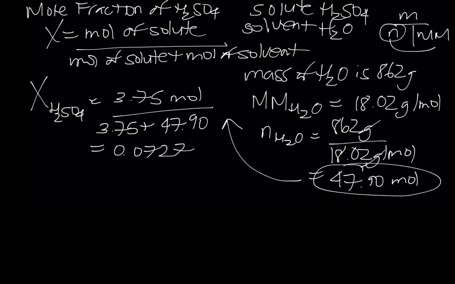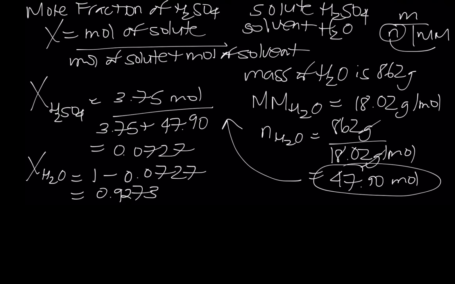And if the question were to ask you what was the mole fraction of water, you can easily find it by subtracting the value that you calculated earlier for H2SO4 from 1. So 1 minus 0.0727 will give you a value of 0.9273.